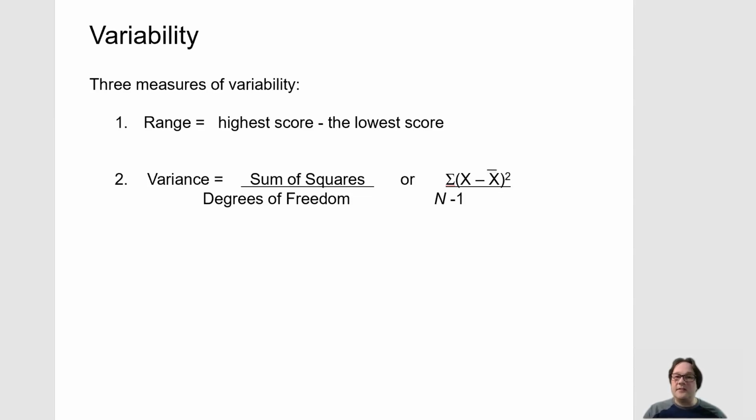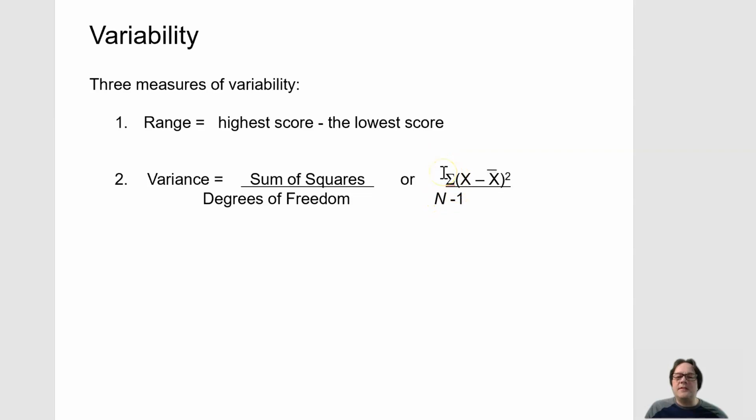Variance is the sum of squares divided by the degrees of freedom, and we'll talk about what those two terms mean in a moment. We'll calculate both of those, but you can see the mathematical formula here, and you can also see that this newer version of PowerPoint doesn't like my old formatting in these slides.